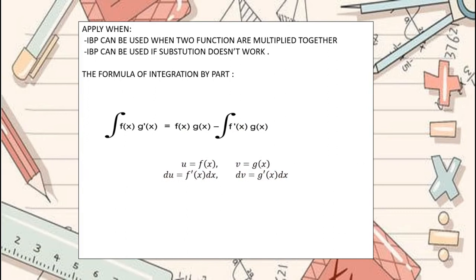We can substitute u equal to f(x), v equal to g(x), du equal to f'(x) dx, and dv equal to g'(x) dx. By using the substitution rule, this formula can be written as the integral of u dv equals uv minus the integral of v du.